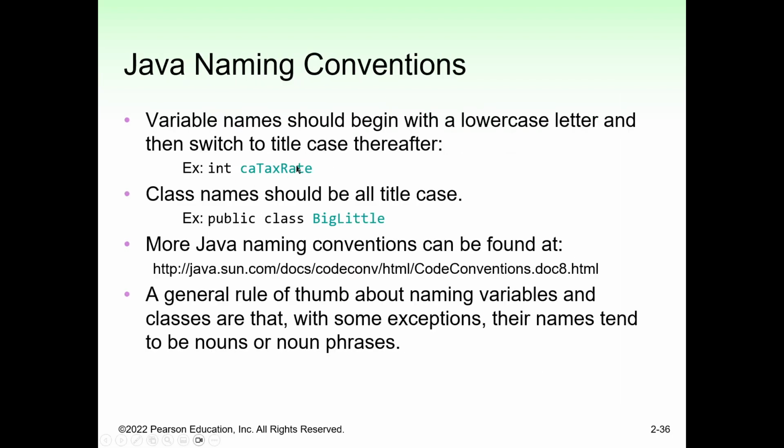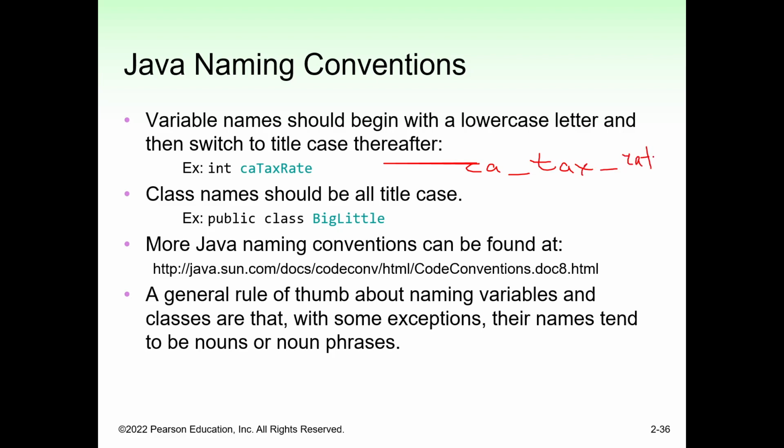Here are some more rules. Your variable names should always begin with a lowercase letter, and that's a rule. And then if you need to put a new word, you should switch to title case. Or again, you can put an underscore. So for this example, we have TR, you could put underscore tax underscore rate.